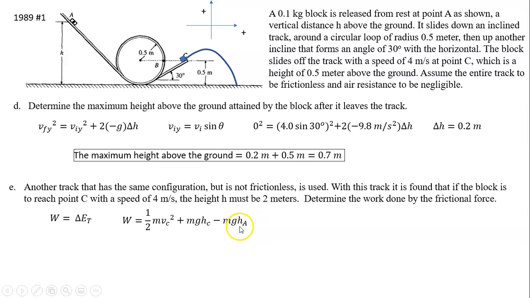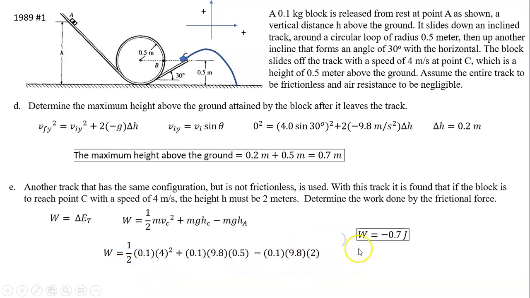At point A it is just the potential, again because it is dropped from rest. So we substitute everything in. We know m, we know v_C equals 4, we know h at C is 0.5, and we know h_A is 2. M is 0.1, so you get work equals negative 0.7 joules.